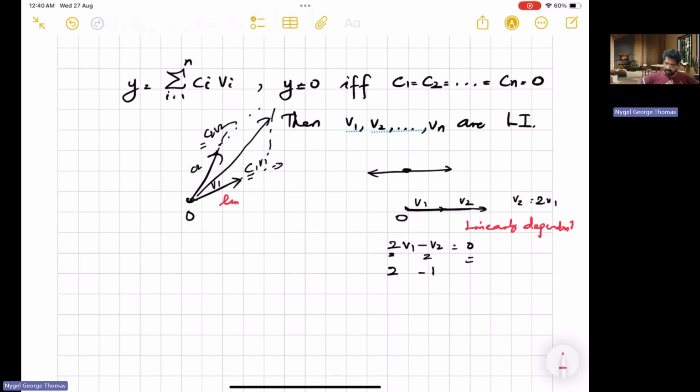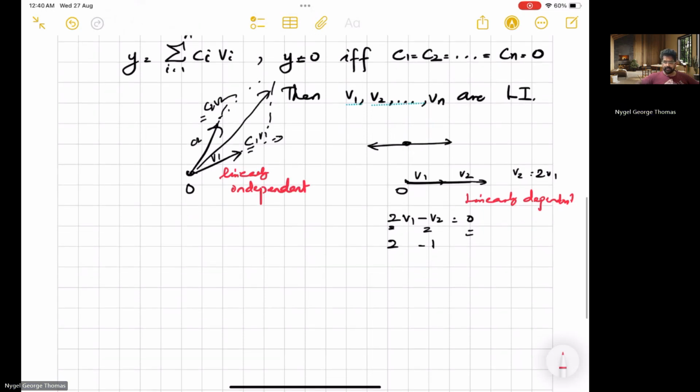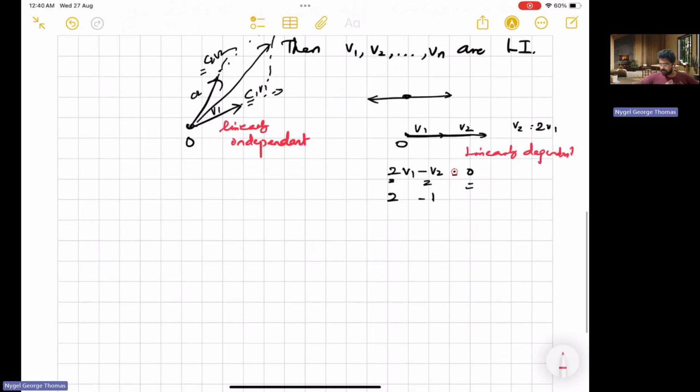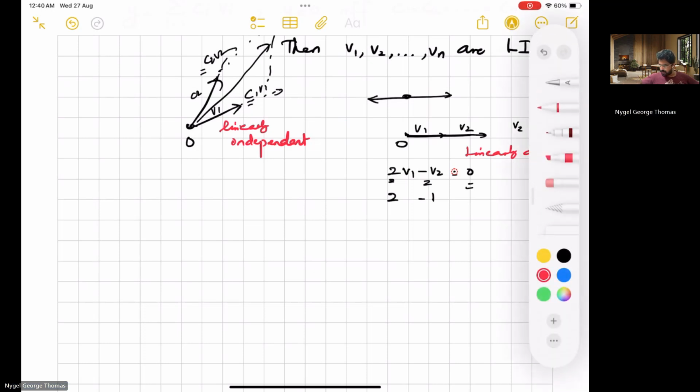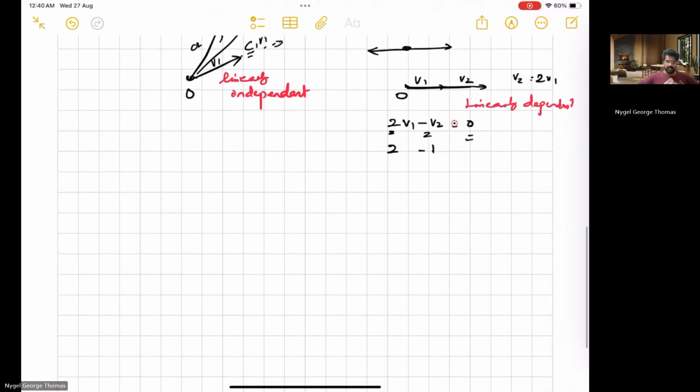This one is linearly independent. So how is linear dependence defined here? It follows from the definition of linear independence.